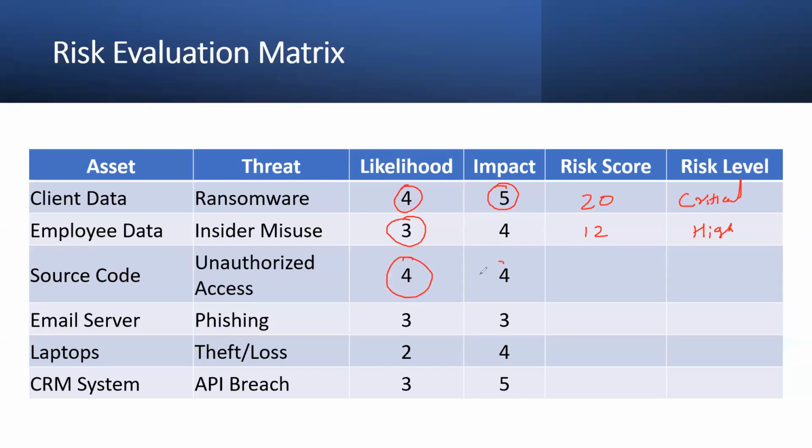Again, the impact will be major. A compromise of your source code can lead to significant intellectual property loss, competitive disadvantage, and a potential backdoor in the product. So the impact will be major. What score am I getting? I'm getting 16. This comes under critical.